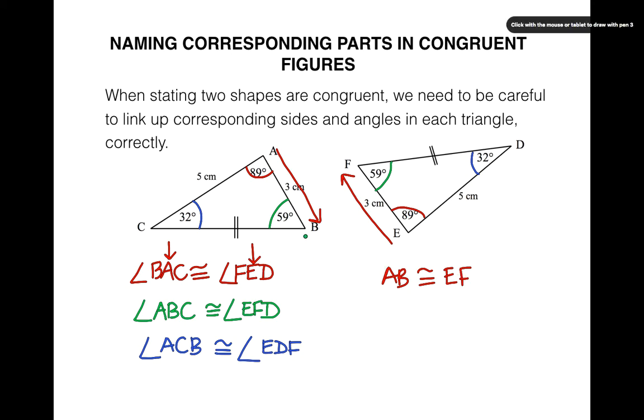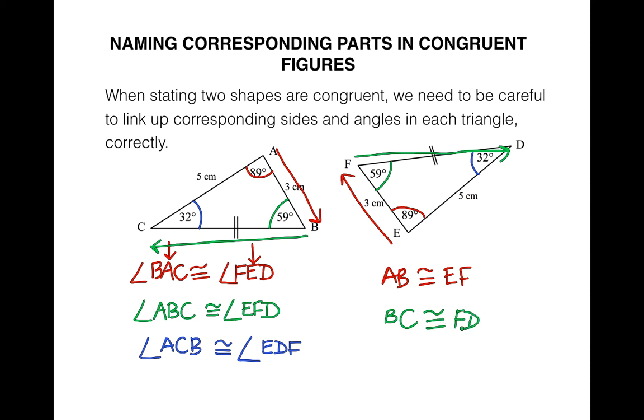Our second side, we can look at BC, and we can see that it corresponds, has the same mark as side FD. So BC, keeping that order correct, we started from B to C, which matches F to D. And our last side, we've got AC, 5 centimetres, corresponds to ED.